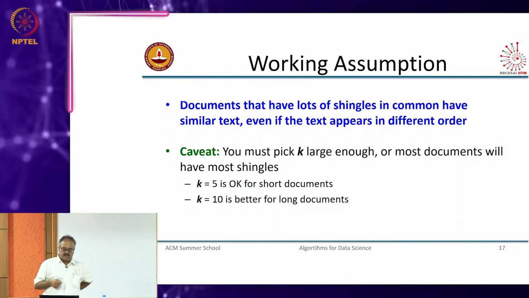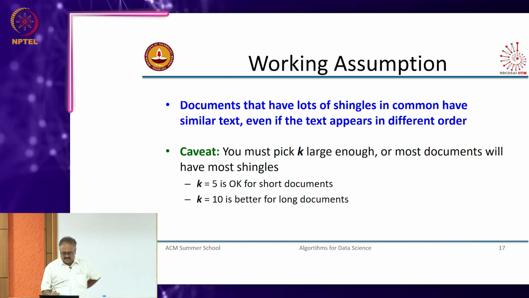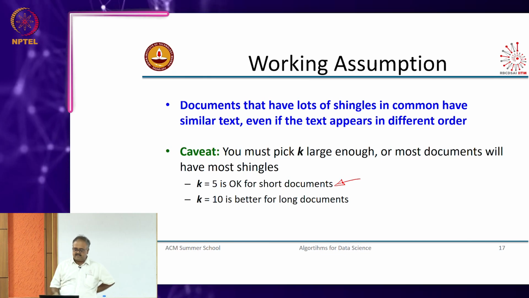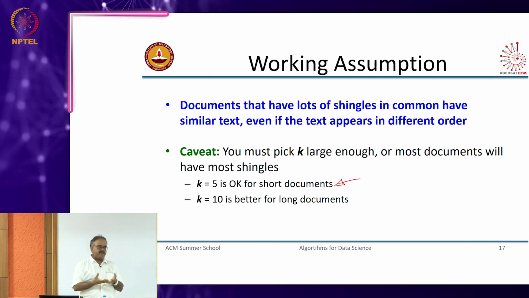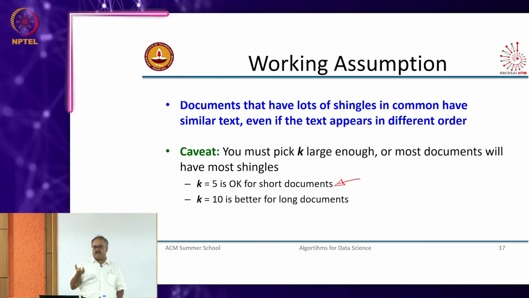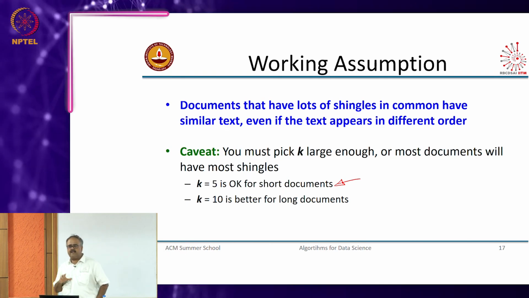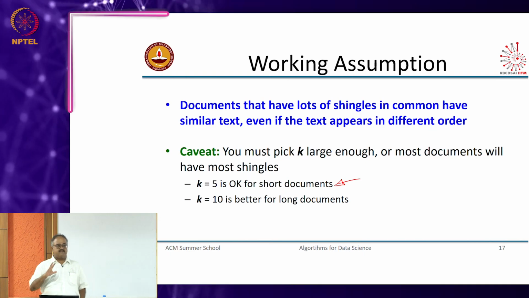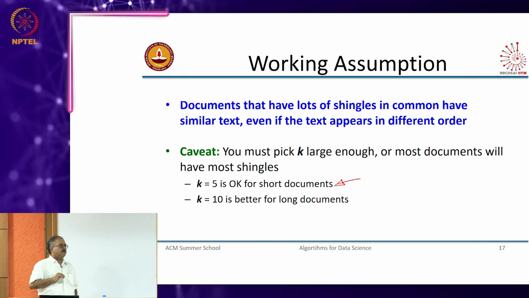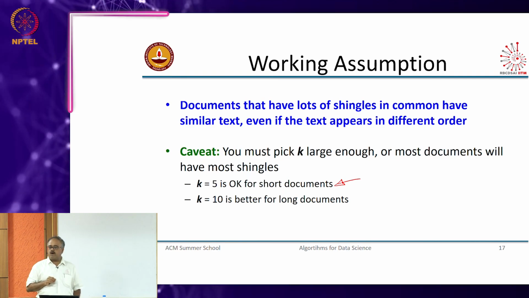So these are all things that come from practice. How large should the shingle be? For example, people have done some analysis on documents of the length of a typical email, and shown that shingles of size 5, this is 5 words, are okay for typical email length documents.